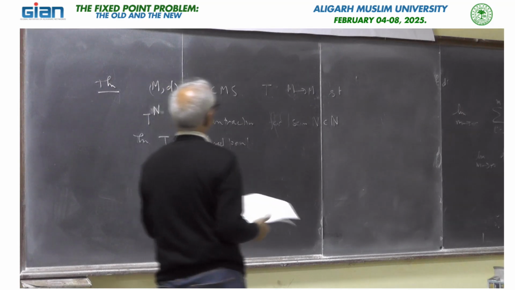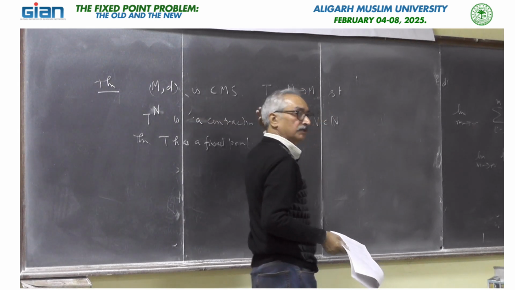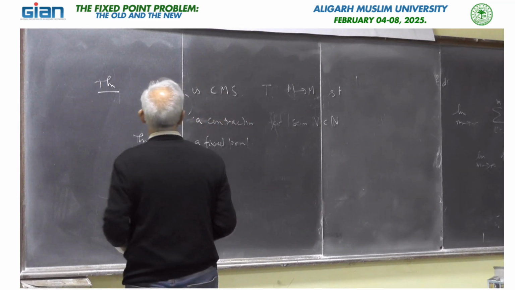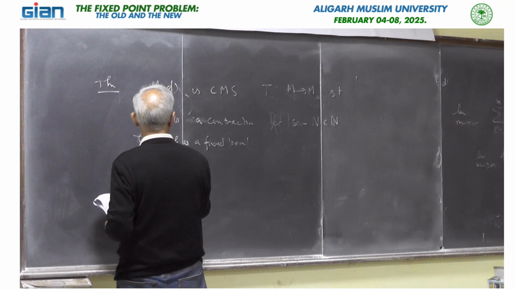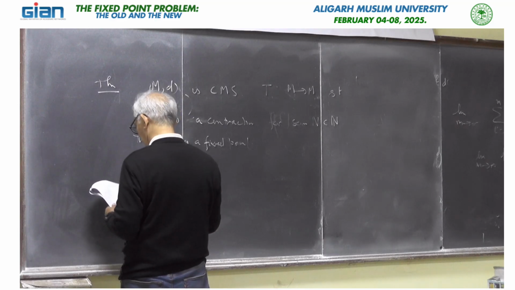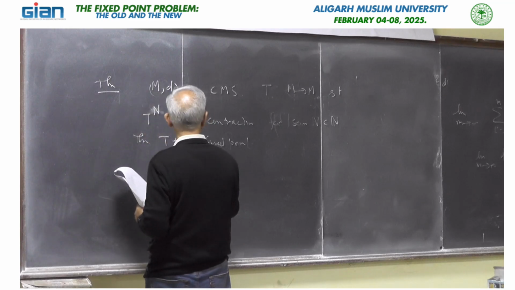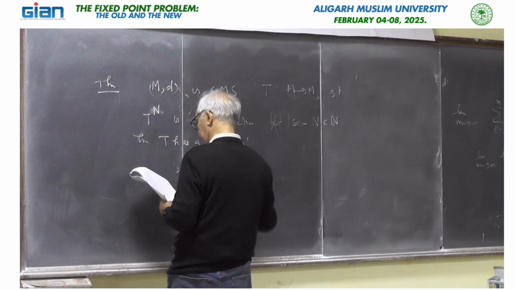So here we have no condition on T, no continuity or anything. So by our Banach contraction principle, this T^N has a fixed point. So there is some x such that T^N of x equals x.